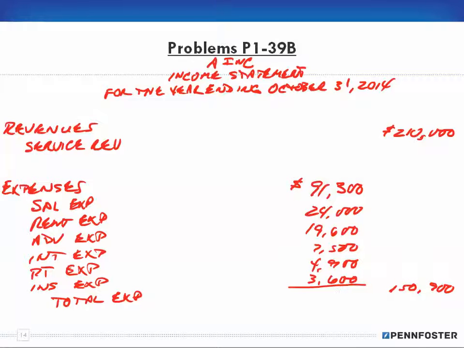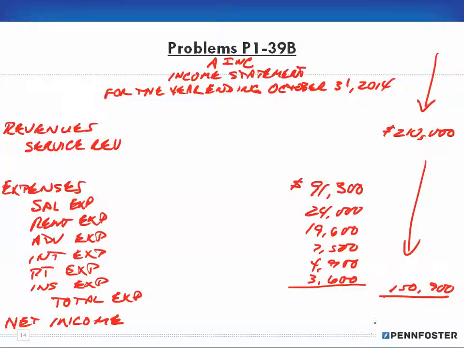So now that I have my total expenses, on the income statement, revenues less expenses gives me my net profit or loss. Well, in this case here, it's income because my revenues are greater than my expenses. So I have net income. And as I said, I'm looking down this column here, so I have revenues less my expenses.